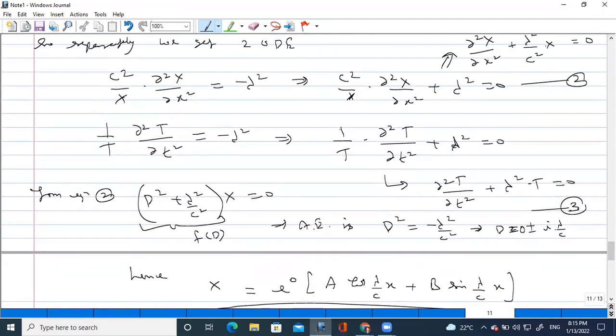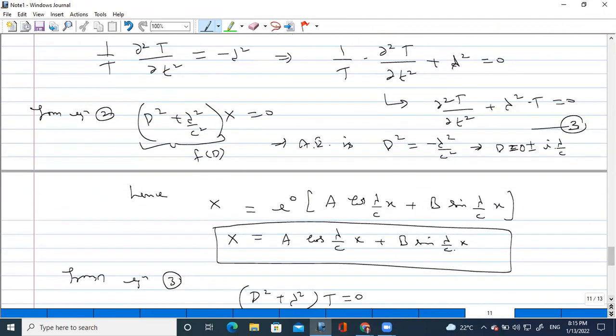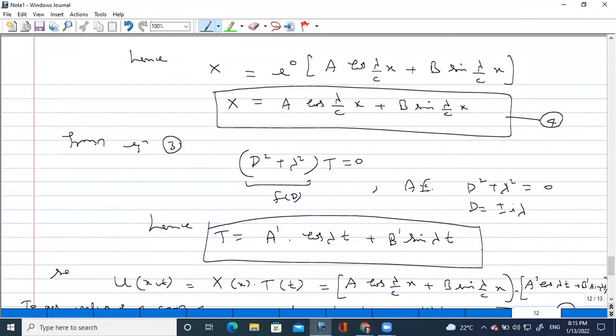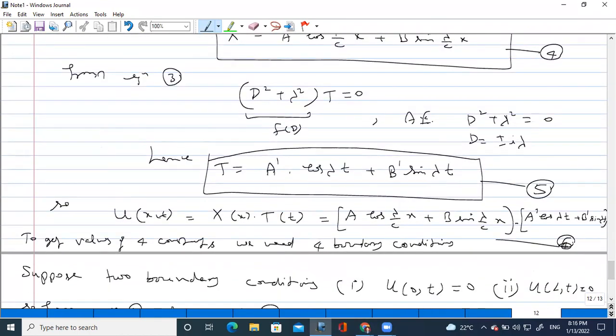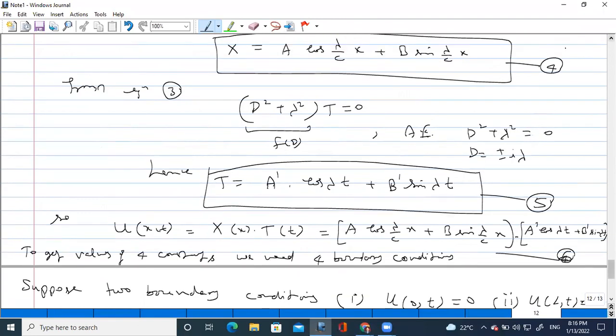You can put this in equation 4, equation 5, and equation 6. Now in 4 you can put it, so that one constant you will get. In 4, if you apply x equal to 0, this term will be 0, only this term is left. It is cos of lambda by c into x, so cos 0. So cos 0 is 1.